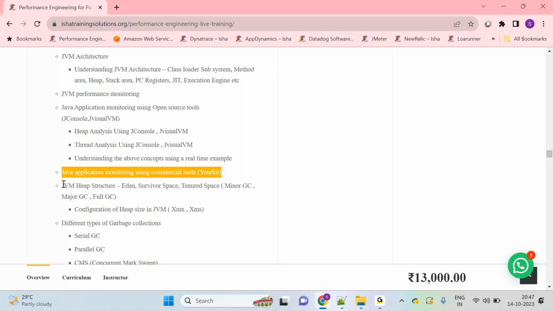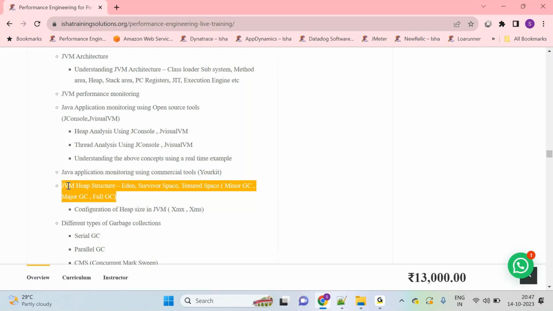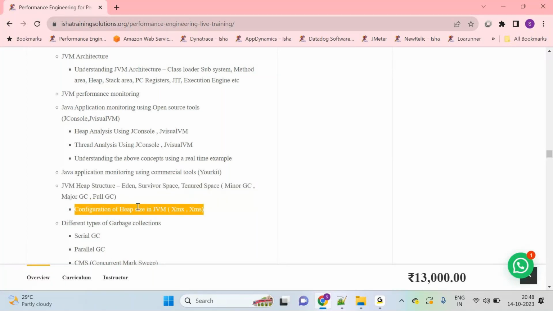And then the next very important topic. In your JVM, what is actually happening when you run a Java program or software, how does the object creation happen? What does Eden space mean? What does survivor space mean? What does old generation mean? What does perm generation mean? All these things we are going to discuss in a detailed way. And how we are going to discuss it is min memory and max memory: -Xms means min memory, -Xmx means max memory.